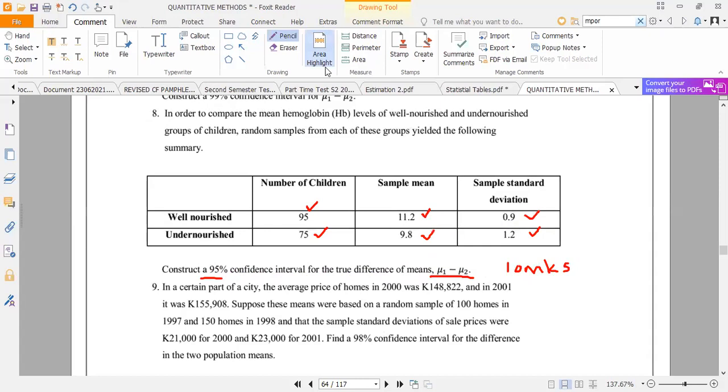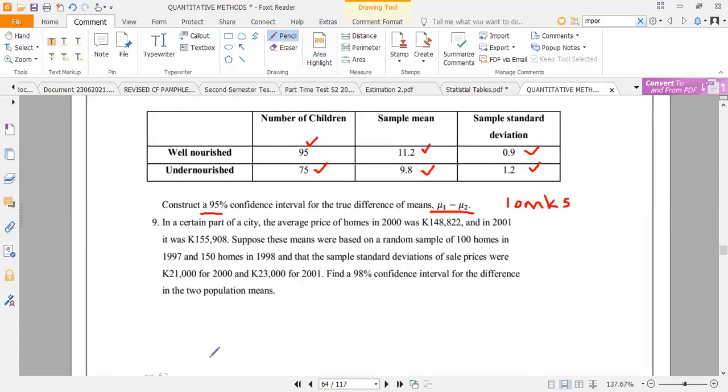Do we need to answer it or we just explain the principles? So the confidence interval is equal to what? Mean 1 minus mean 2. Our first mean, 11.2 minus 9.8, plus or minus, what is our Z?